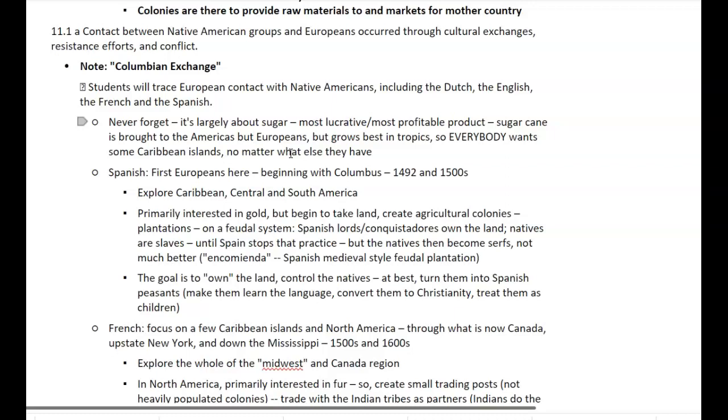But they start to take land and they create agricultural colonies, plantations, on a feudal system. It's owned by a Spanish lord. The conquistadors, the conquerors, own the land. The natives are slaves.